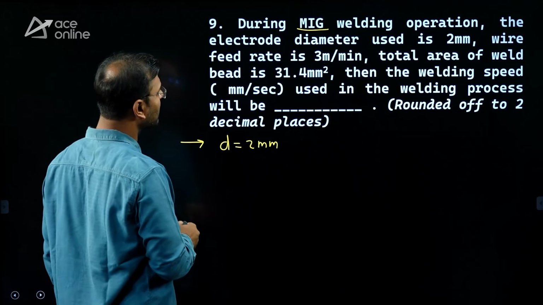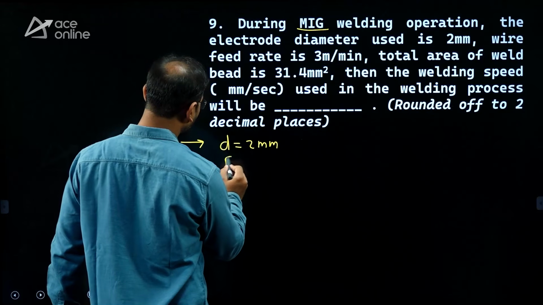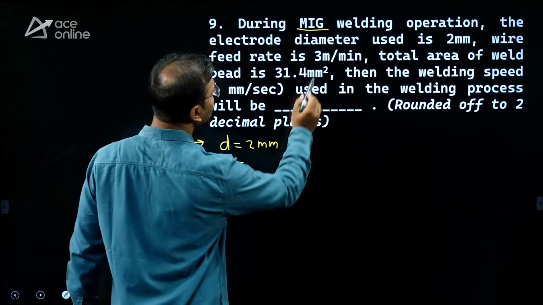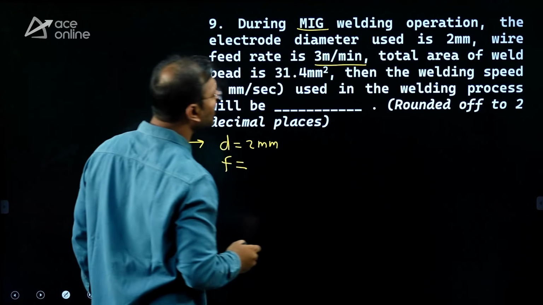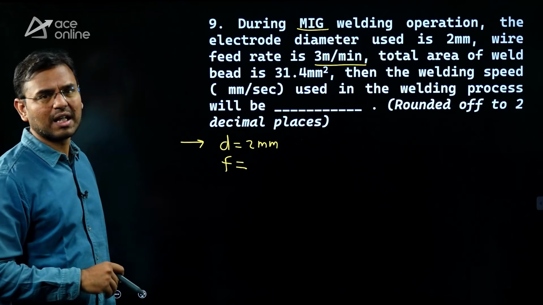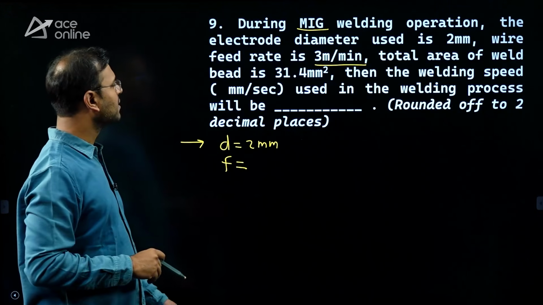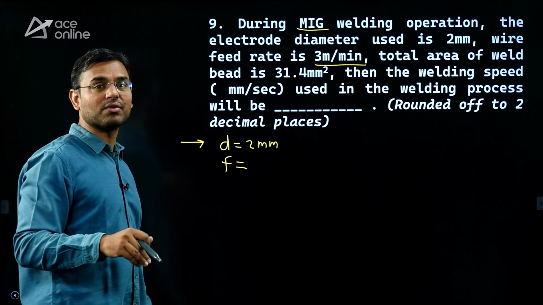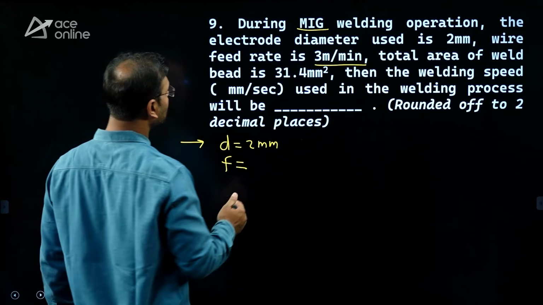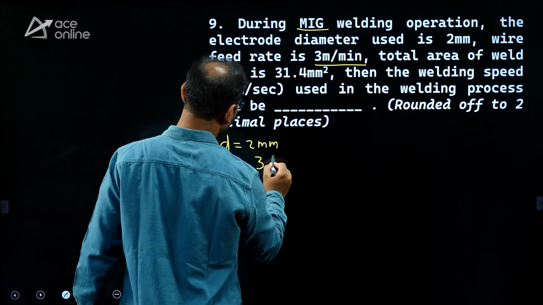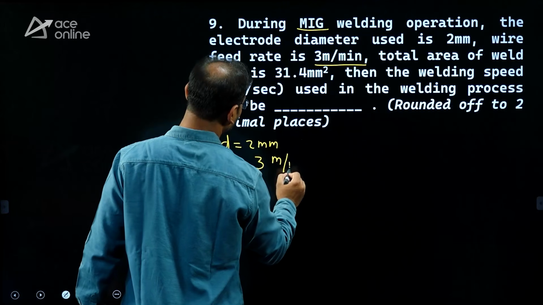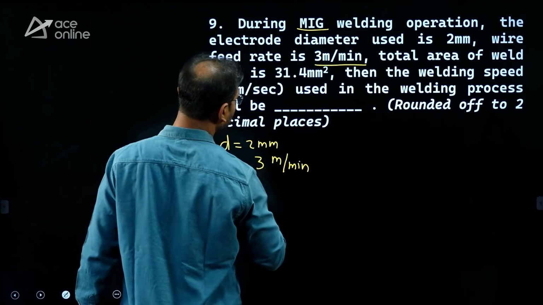That is the feeder rate. They supply the electrode with the help of a servo motor, supplying 3 meter length of electrode for 1 minute. Therefore, wire feeder rate is 3 meters of electrode per minute, guys.